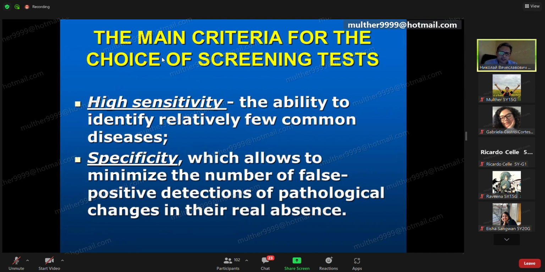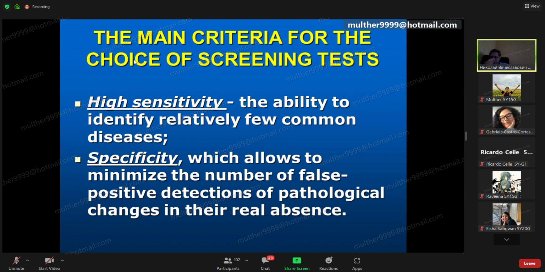Main characteristics, criteria for the correct choice of a screening test. It should be a highly sensitive method, able to identify relatively few common diseases. Specificity is an important criterion which allows minimizing the number of false positive detections of pathological changes.